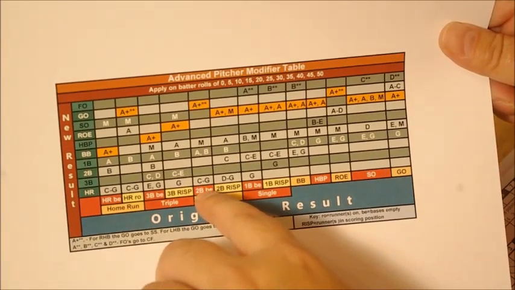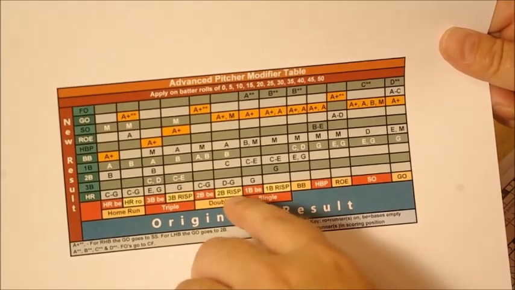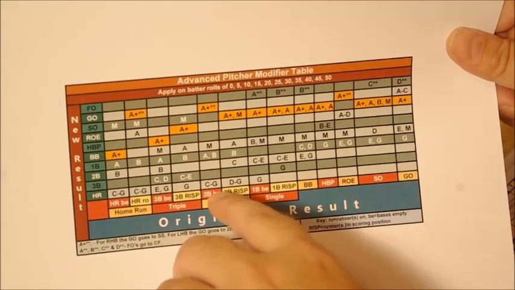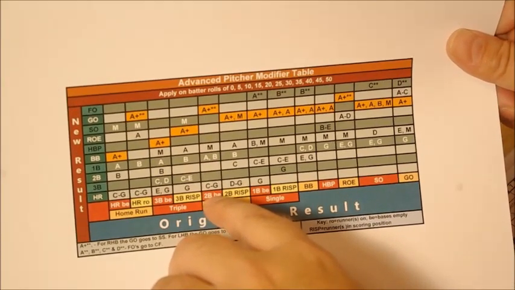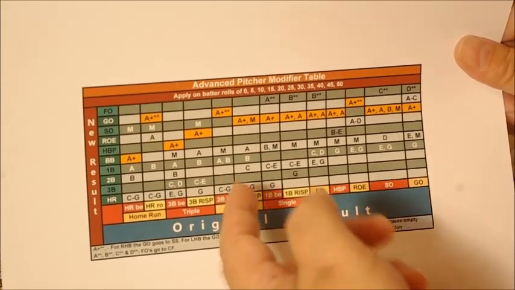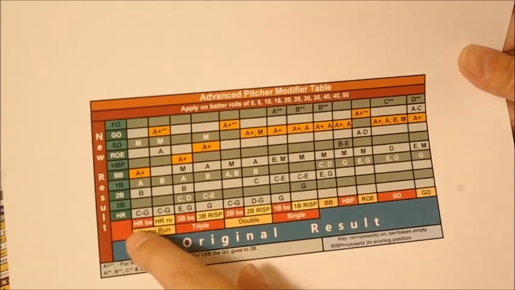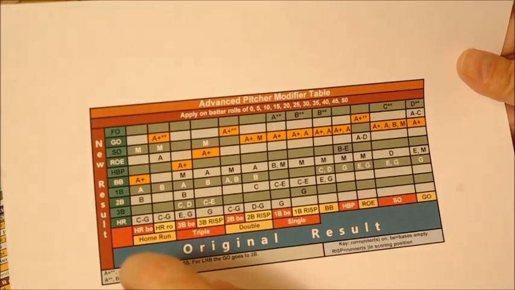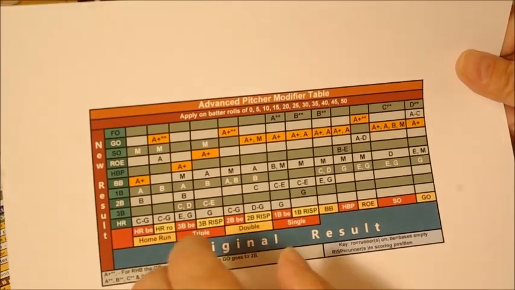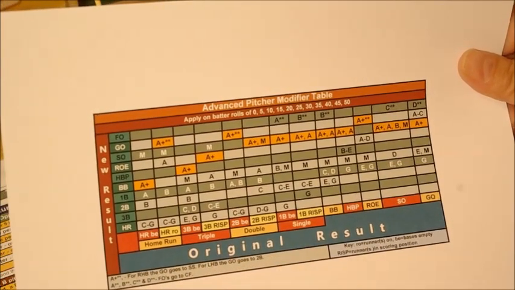I've changed the labeling. This isn't bases empty, it's R, runners in scoring position, and then this would be NR, no runners in scoring position. So there could be a runner on first, but as long as there isn't a runner on second or third. The idea being that this kind of buffs up your A and your A+ pitchers a bit, because they go into lockdown mode.